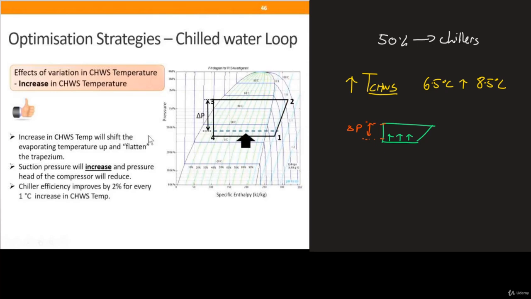So when this happens, your chiller efficiency will improve. The rule of thumb is every 1 degree Celsius increase in CHWS temperature, your chiller efficiency will improve by 2%. So energy consumption at the chiller will reduce.